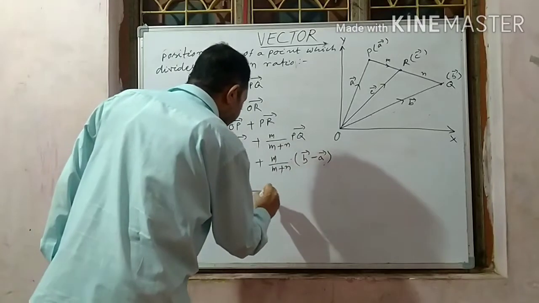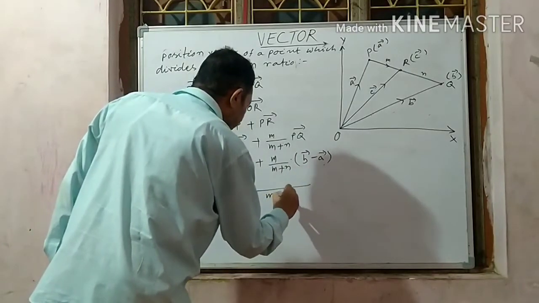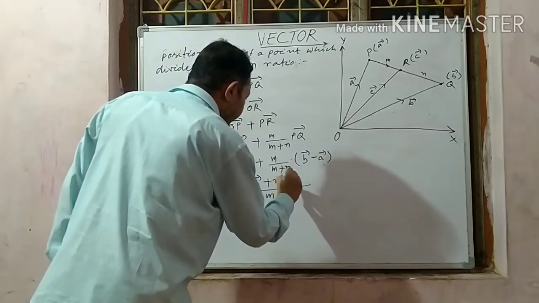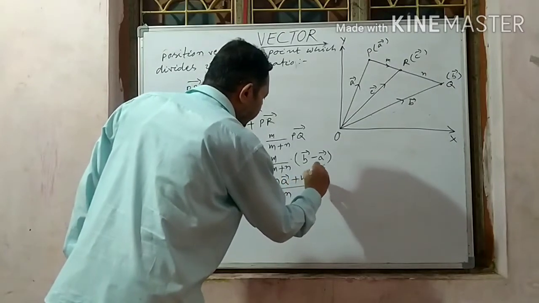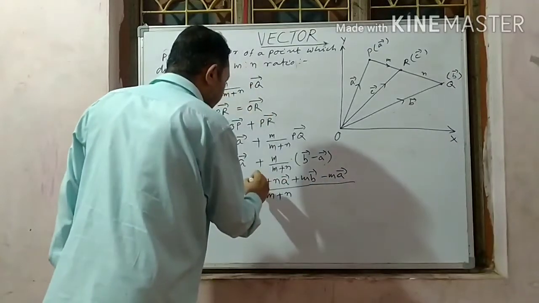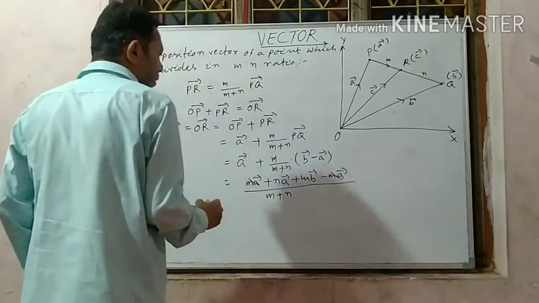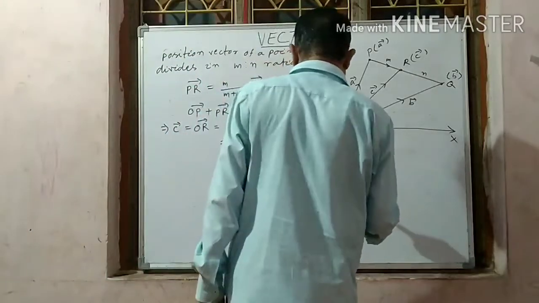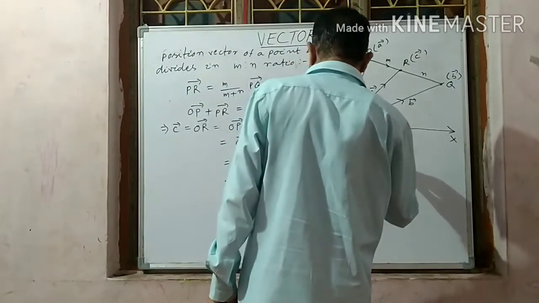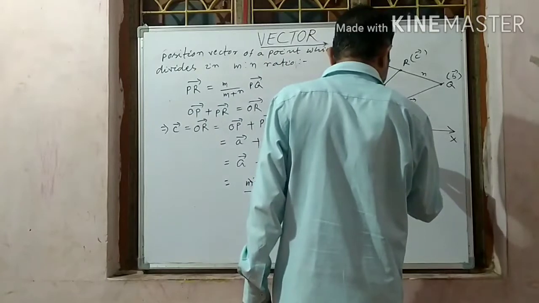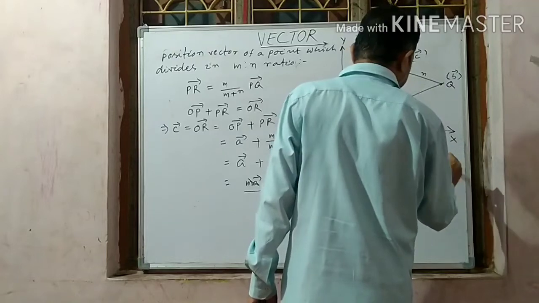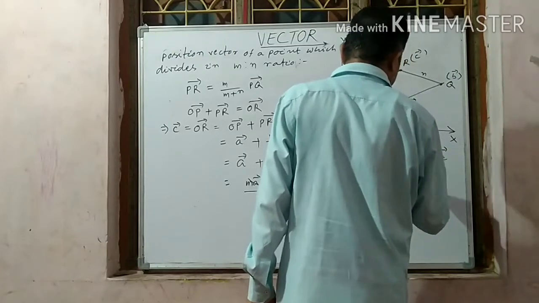So, simplifying, LCM is m plus n. So, mA plus nA plus mB minus mA. So mA cancels. We have the result, that C is equal to mB plus nA divided by m plus n.